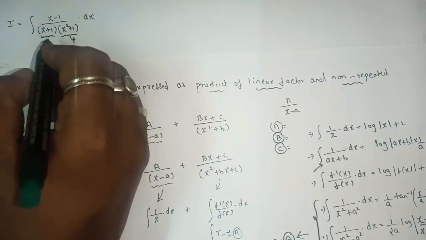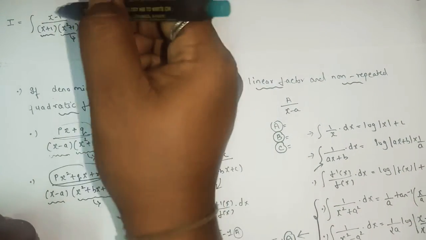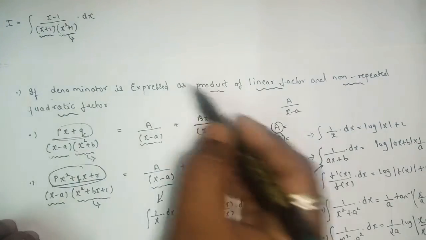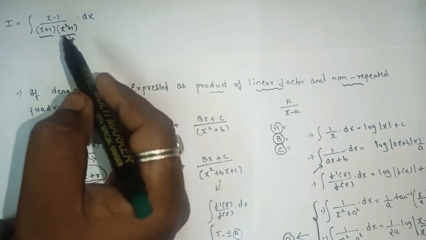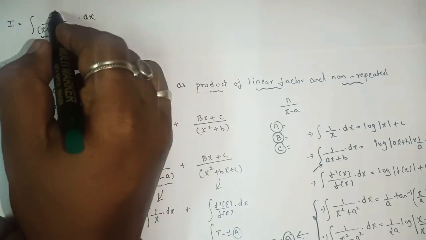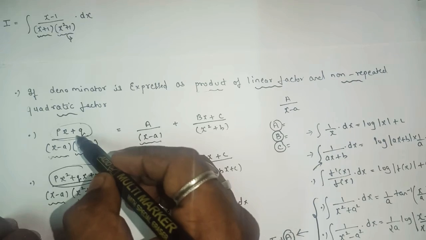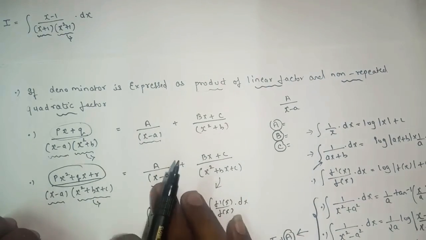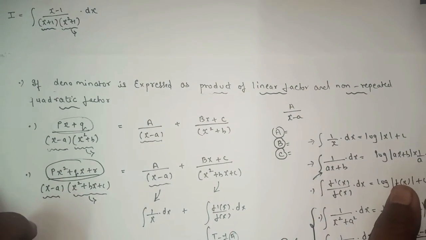Okay, understood? So here this sum looks like what? Product of a linear and a non-repeated quadratic factor. Here it doesn't matter whether in the numerator we have a linear factor or a quadratic. Simply we have to focus on the denominator.